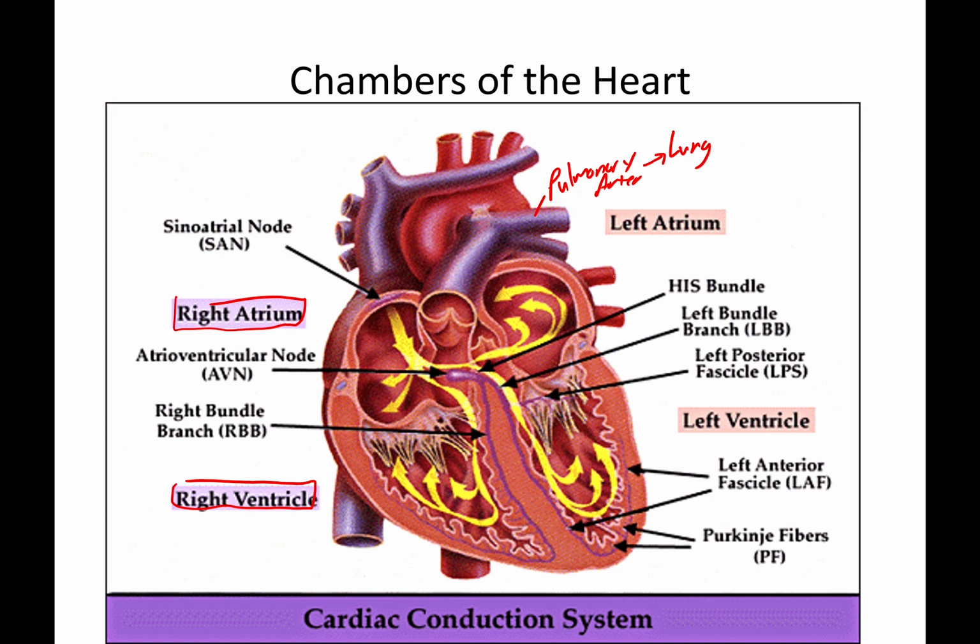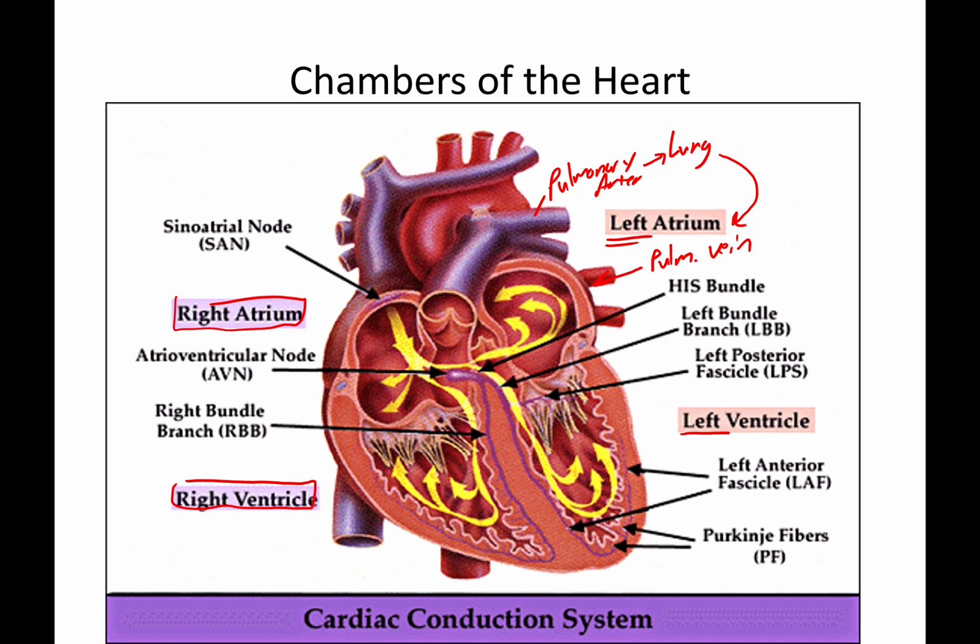You then have this here, which is your pulmonary vein, which is bringing blood back from the lung, actually. And then the pulmonary vein feeds into the left atrium, and that then goes to your left ventricle.